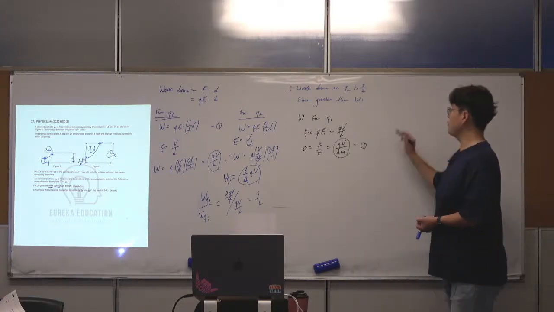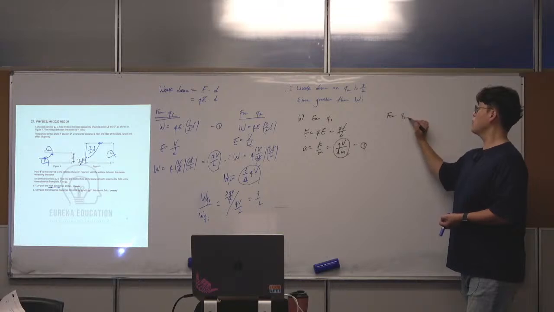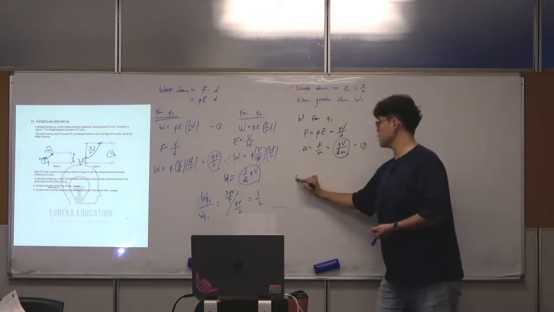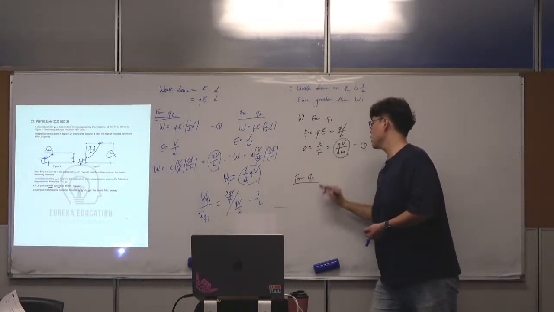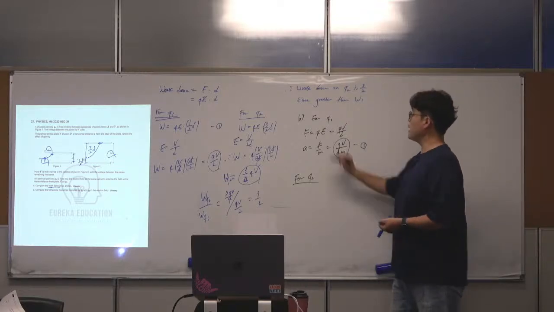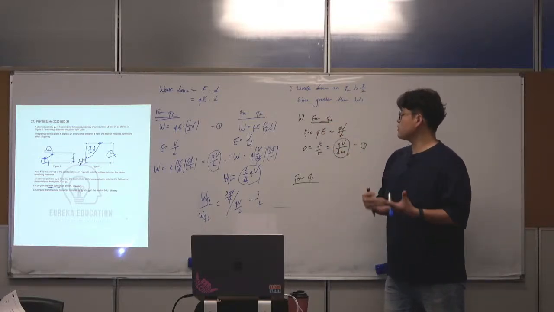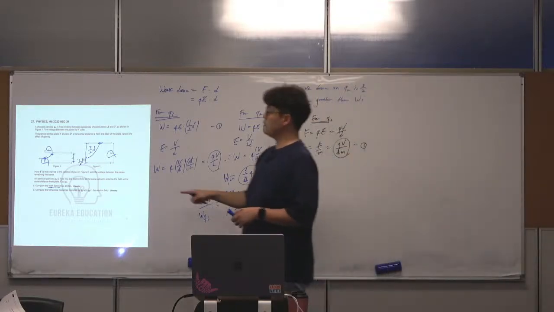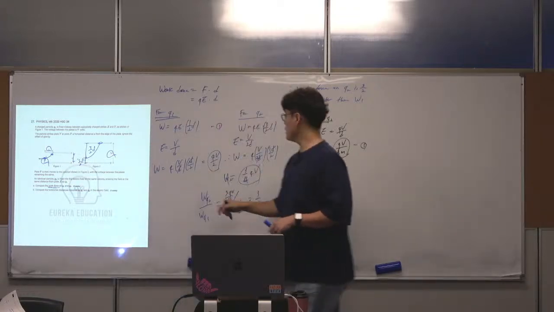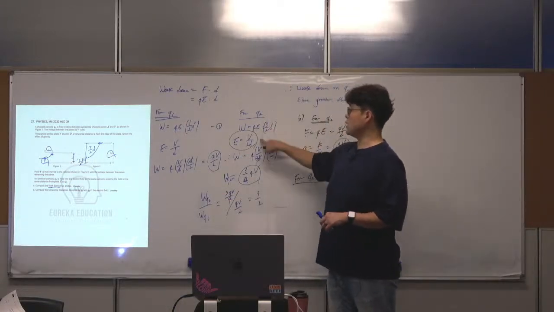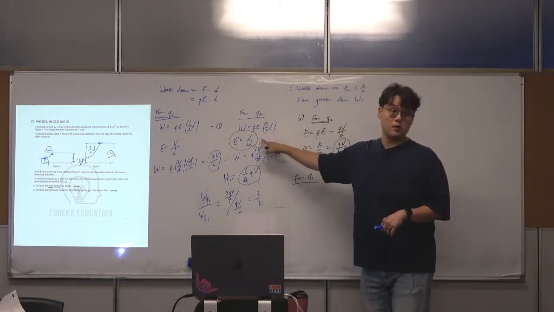Okay, now for Q2. Let's write it here actually for Q2. It'll be very similar, but you have to remember that the E field strength is quite different to what we were given in figure 1 and figure 2. That E in Q2 is V on 2D. So we're going to rearrange that.